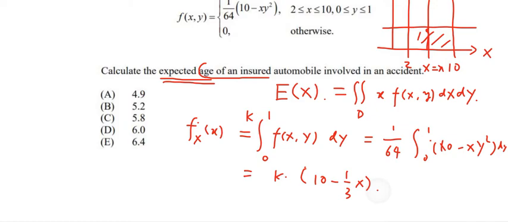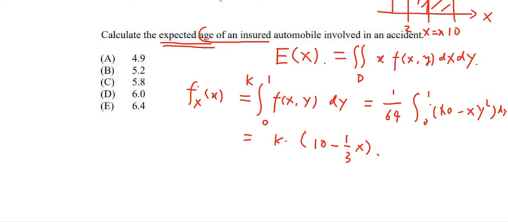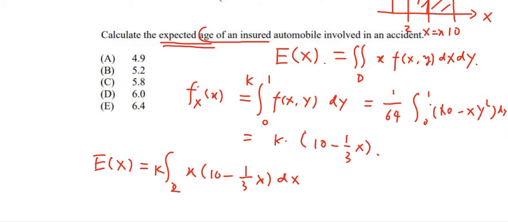So the integral of x times (10 minus one third x) dx, with x from 2 to 10, determines k. We found that k is 1 over 64.